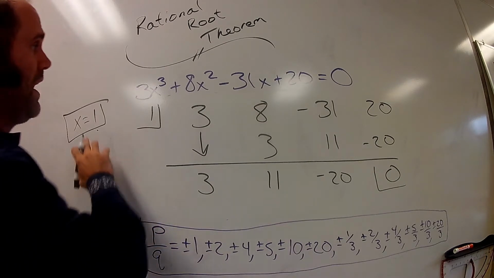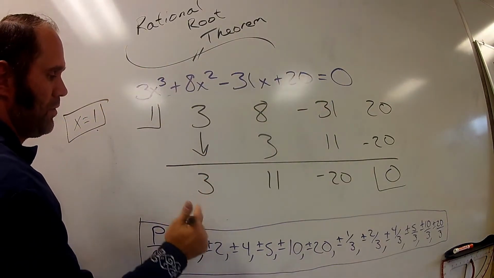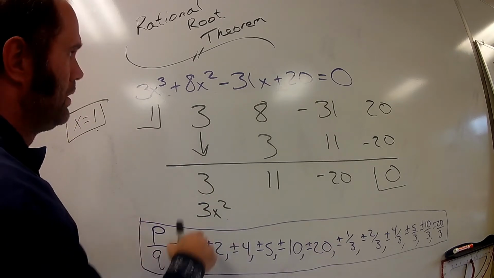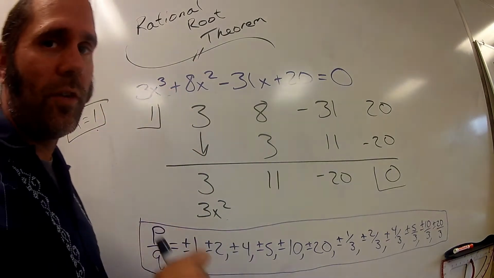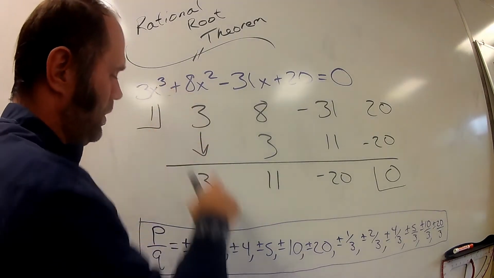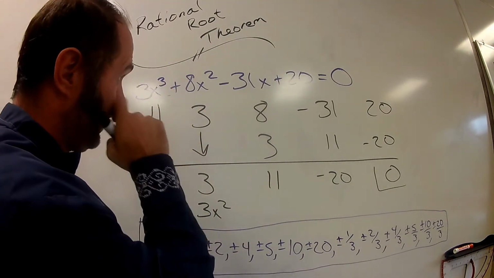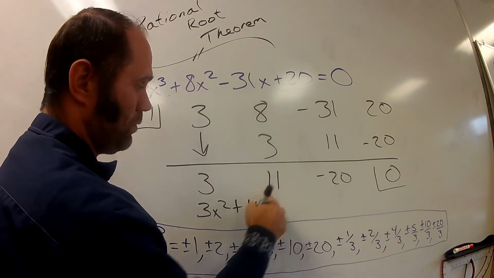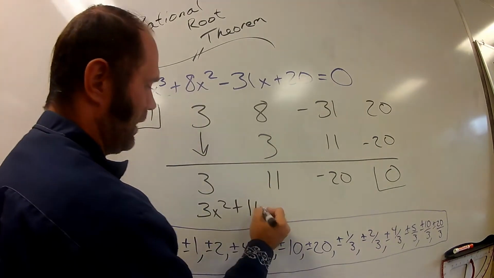And if you factor it out of here, this 3 becomes 3x squared. It loses one of its exponents. It drops an exponent value. The x squared also drops, so we bring the 11 over, but then it's just x.